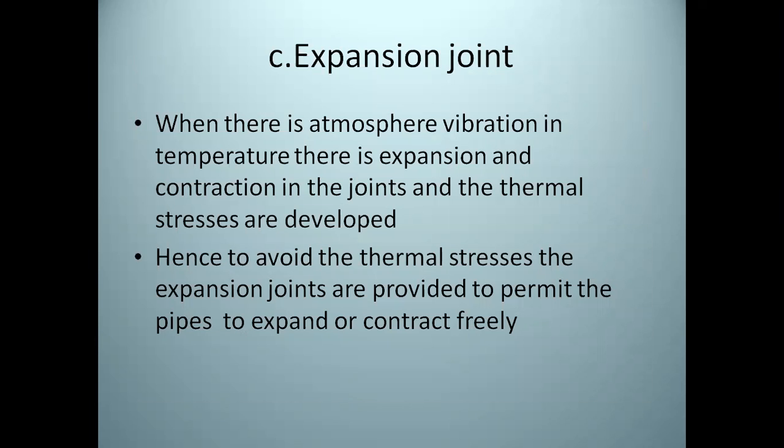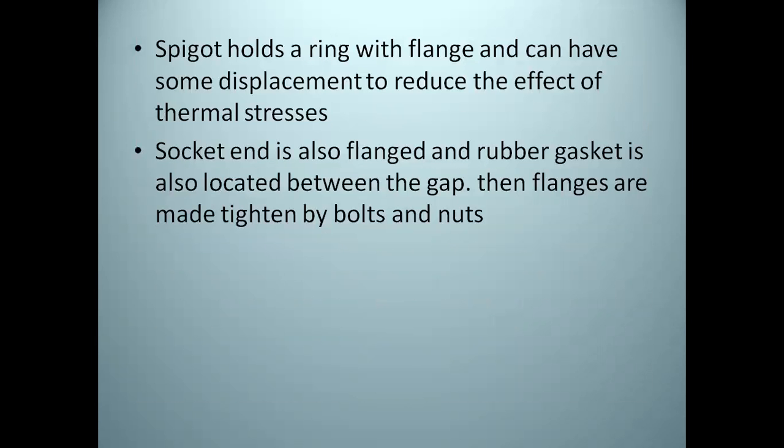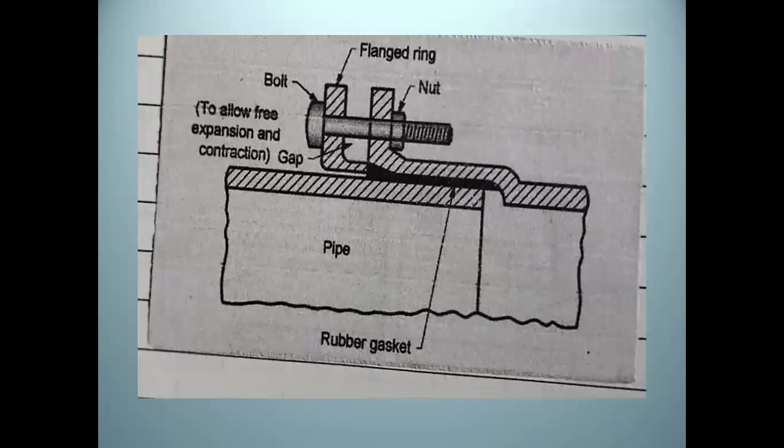After that, third is the expansion joint. The expansion joint is provided in areas where the temperature varies, and expansion and contraction of pipes and joints take place, and this expansion and contraction develops thermal stresses. These thermal stresses are avoided by using the expansion joint in the pipes.